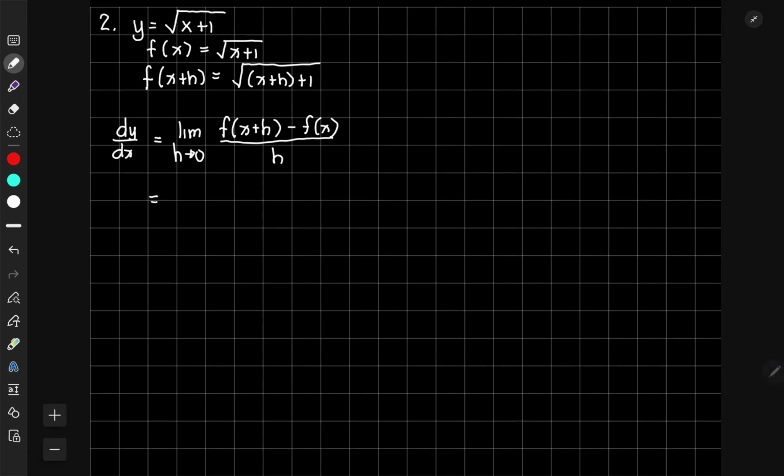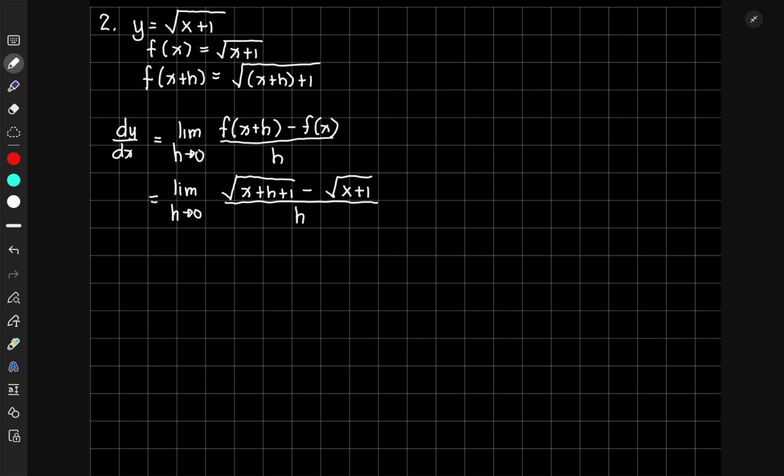So we will have the limit of, so yung f of x plus h natin would be the square root of x plus h plus 1 minus yung f of x, which is ito siya, square root of x plus 1. So this is all over h as h approaches 0. So again, you cannot directly substitute na naman yung 0 sa mga h kasi sa denominator magiging 0 yan and magiging indeterminate siya.